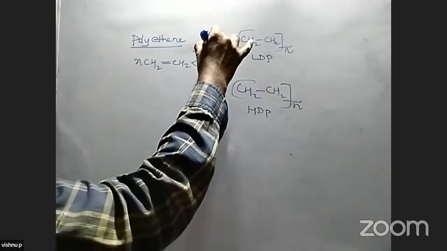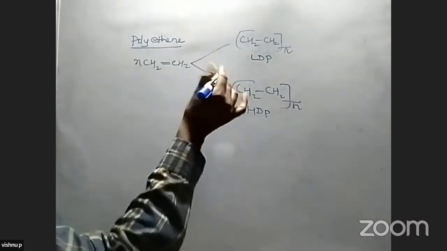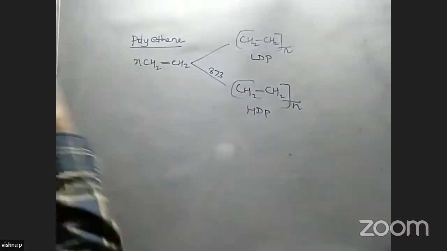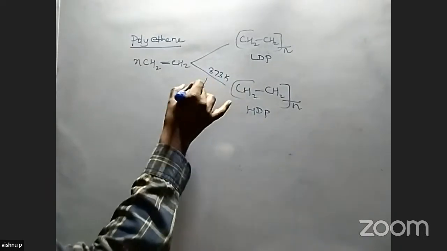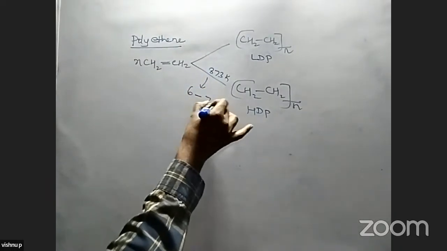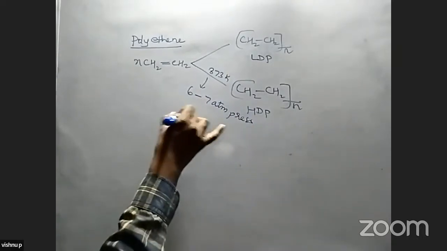Here a temperature of 373 Kelvin is maintained for the high density polythene preparation method. Also we use 6 to 7 atmosphere pressure for high density polythene.